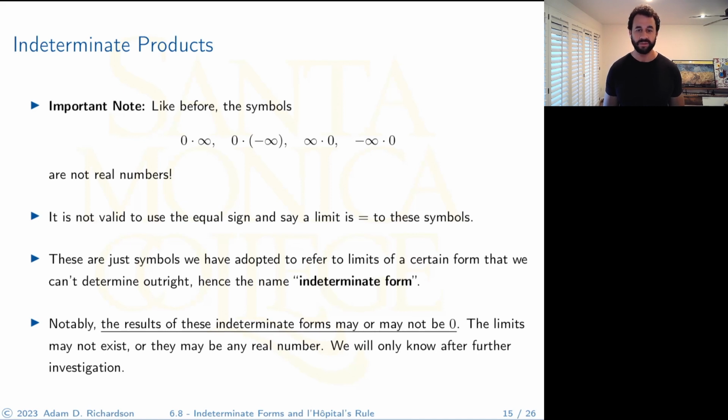These are just symbols that we adopted to be able to easily talk about indeterminate forms of this type. So we want to be able to say, hey, the limit of this function as x approaches a is 0, and the limit of this function as x approaches a is plus or minus infinity, and we want to look at the limit as x approaches a of the product of those two things. We don't want to say that every single time. We would like to be able to just say 0 times infinity.